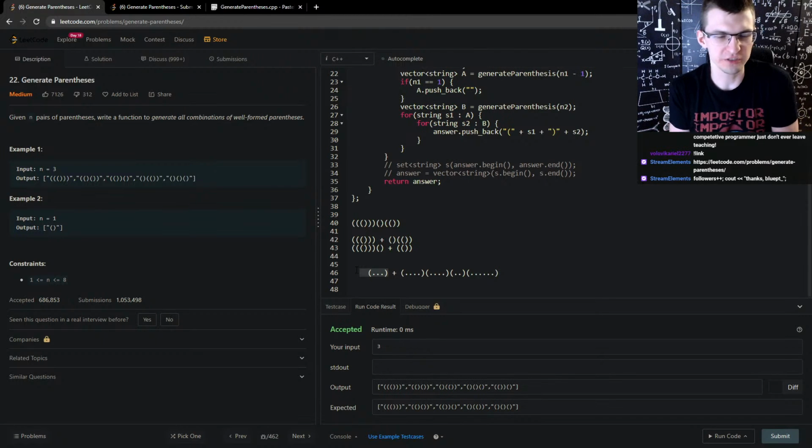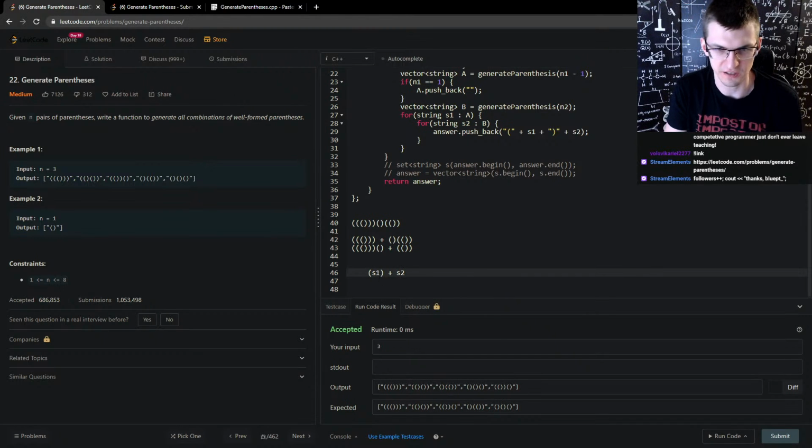But instead of checking if S1 is of this type, let's just force S1 to be of this type, and let's just say that S1 is here and S2 is arbitrary. S2 doesn't have any extra conditions. S1 just needs to be something enclosed in brackets. And now this is unique. You will not double count anything.